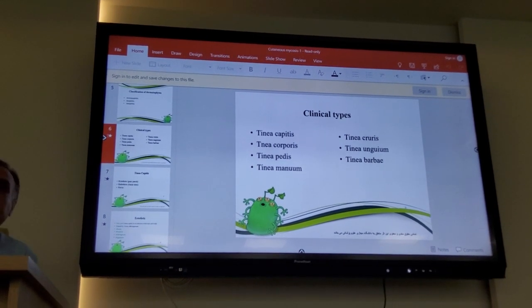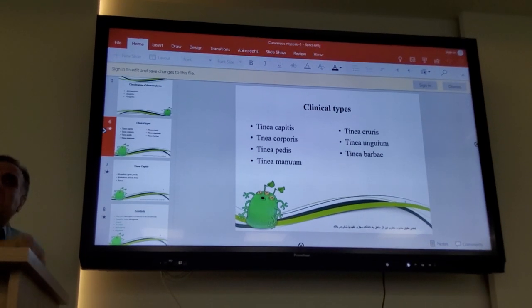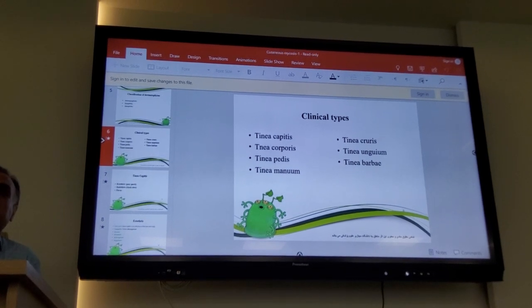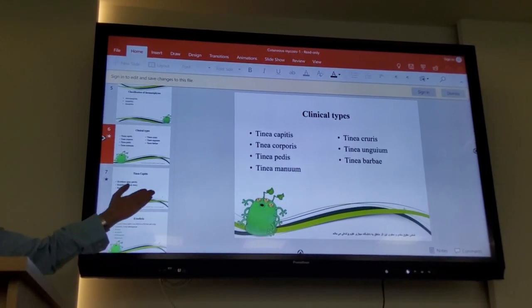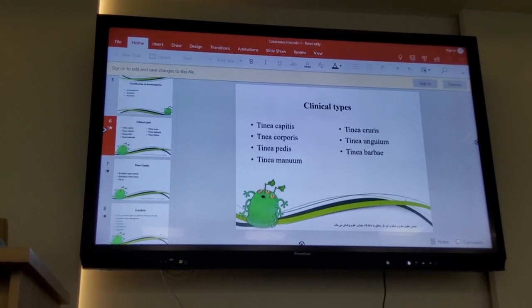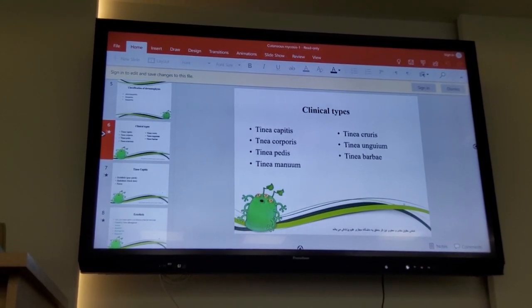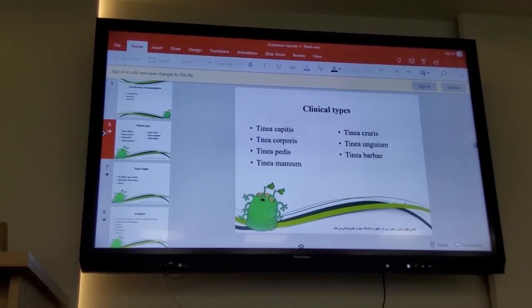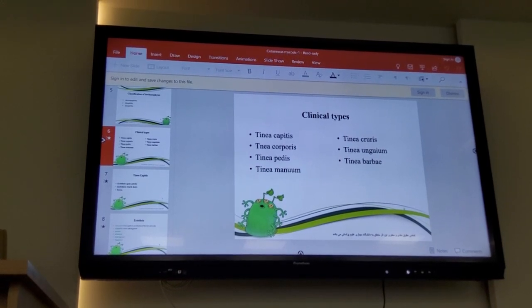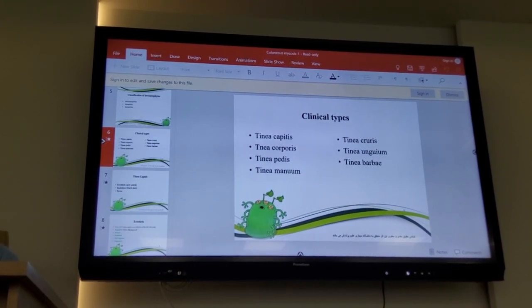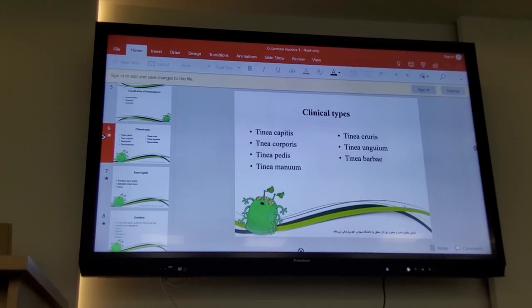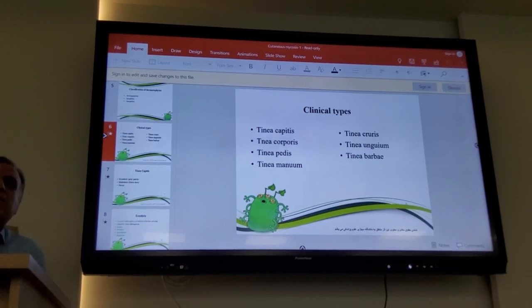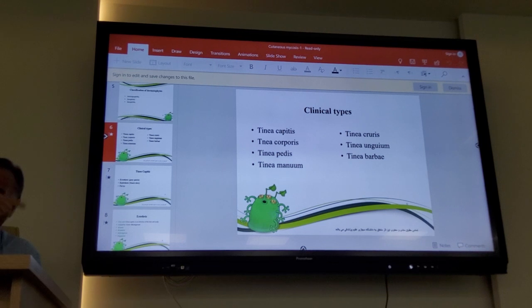When you press the pedal, this anatomic site, if you find infection, it is Tinea pedis. Tinea manuum is in the hand, in the palm, in the dorsum of the hand, in the finger, a type of tinea corporis. Tinea cruris is in the skin around the genital area.